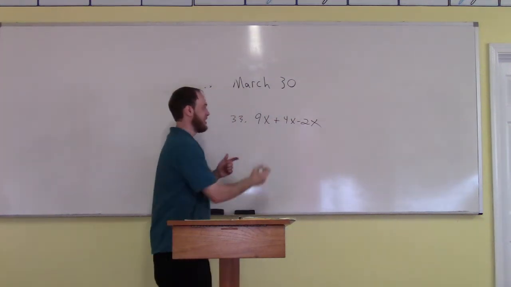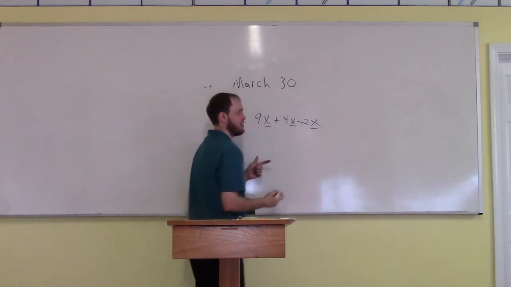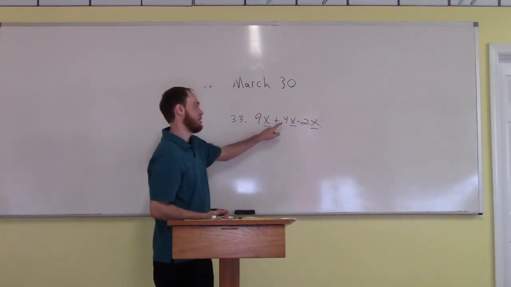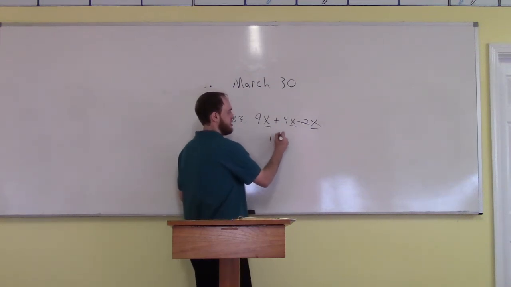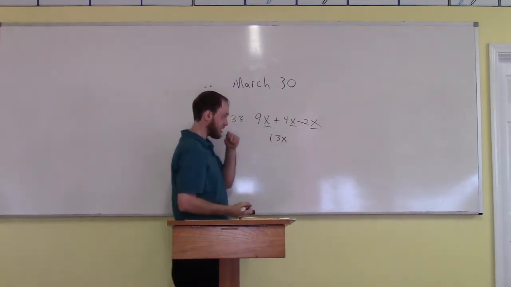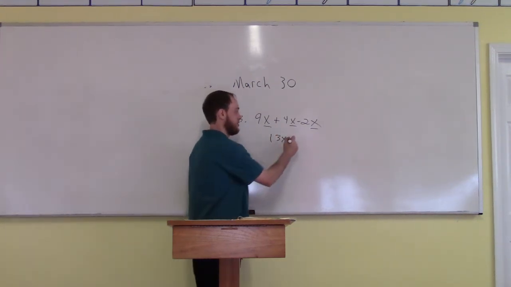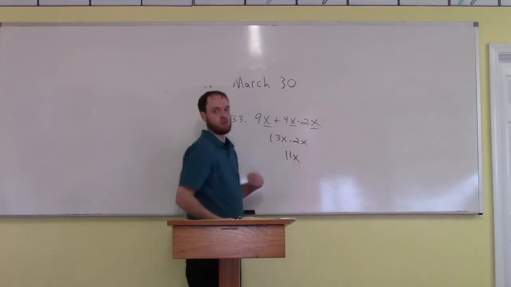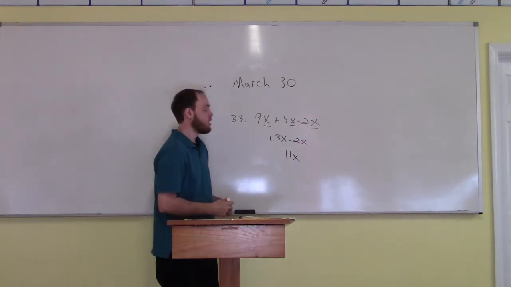Again, the x's are the same, so we can combine them. It's just 9 plus 4, which is 13x. Then 13x minus 2x would be 11x. It's just one more step because there was one more number.